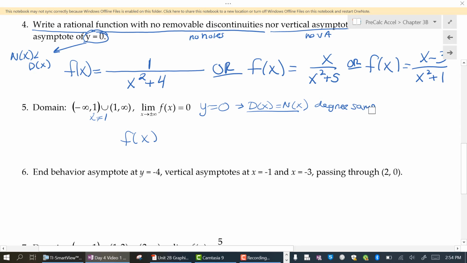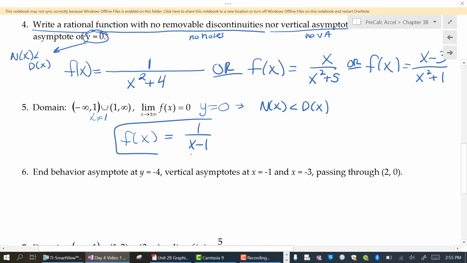Oh, I apologize. They're not the same. I wrote this backwards. The degree of my numerator is less than the degree of my denominator. So I could have 1 over x minus 1. I could have a couple other things, but this would help me get my restrictions.